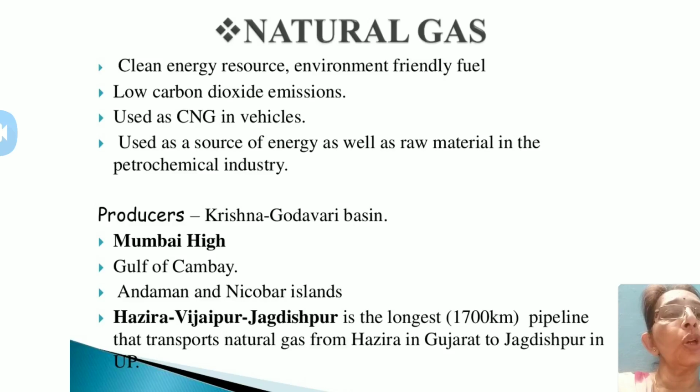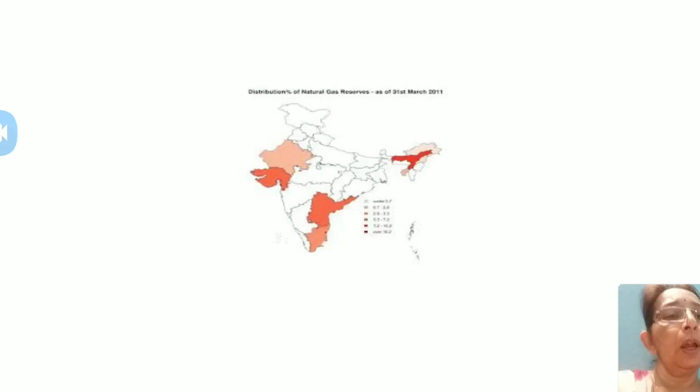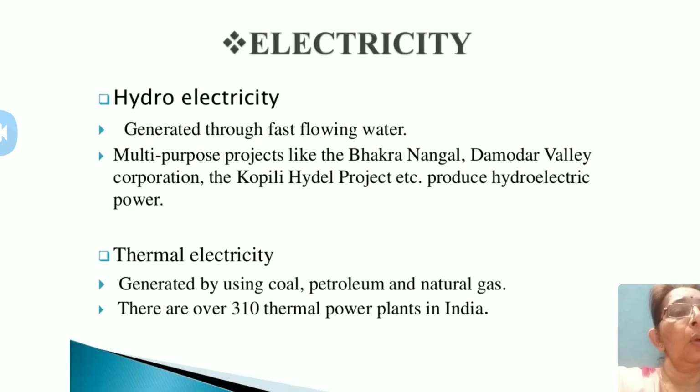The main producers of natural gas are Krishna Godavari Basin, Mumbai High, Gulf of Cambay, and Andaman and Nicobar Islands. The HBJ pipeline, Hazira, Bijaipur and Jagdishpur, is the longest pipeline, about 1700 km long, that transports natural gas from Hazira in Gujarat to Jagdishpur in Uttar Pradesh. These are the places located in India.